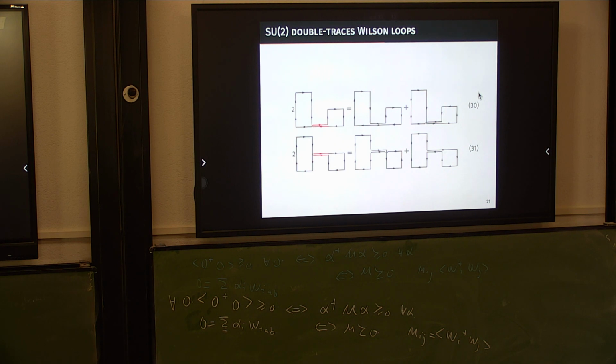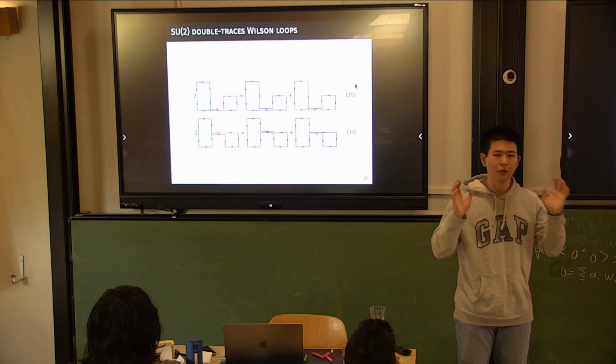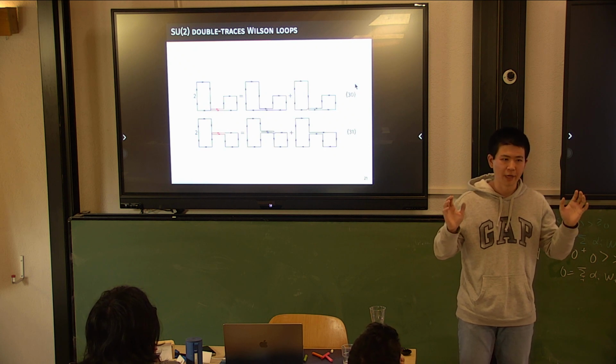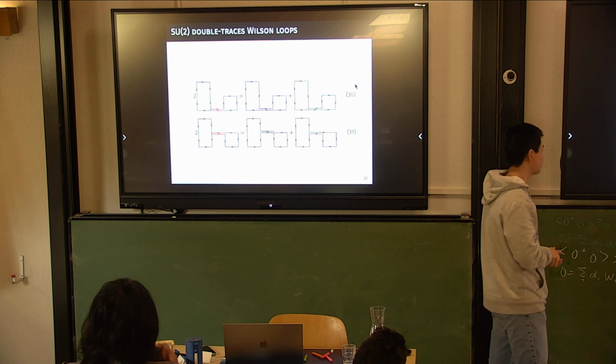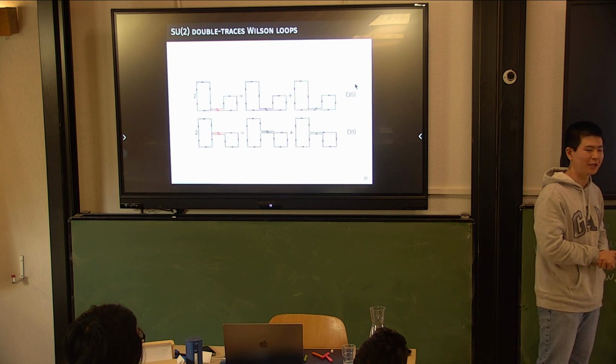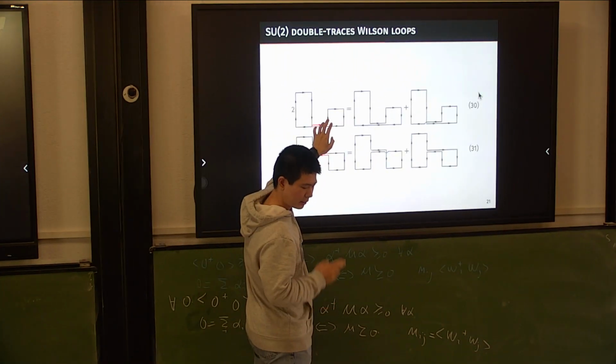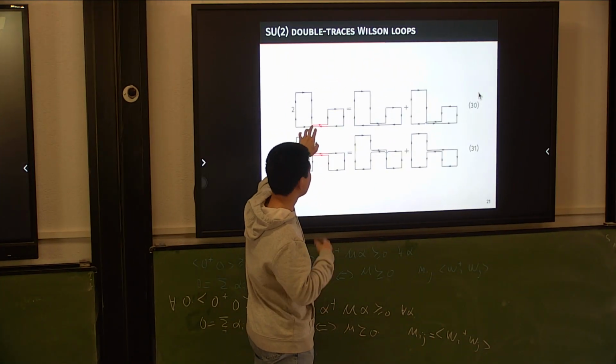So what's the result? The result is that SU(2) lattice Yang-Mills theory also closes on single trace variables. Here are some examples, and I especially pick this example because it brings some redundancy. So here are some double traces. I add a backtrack here to join these two groups.